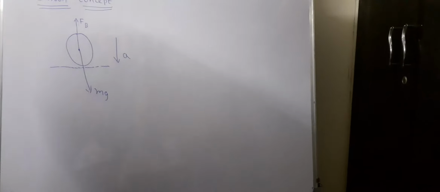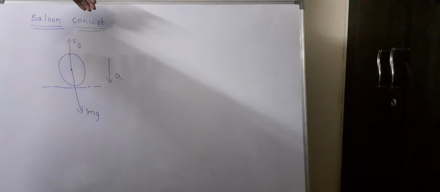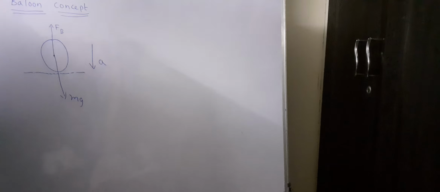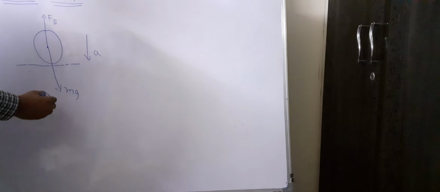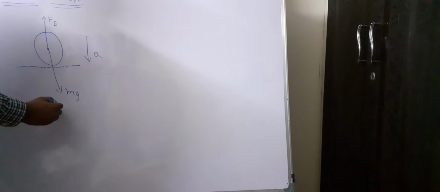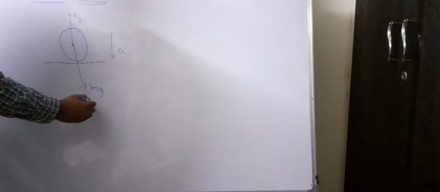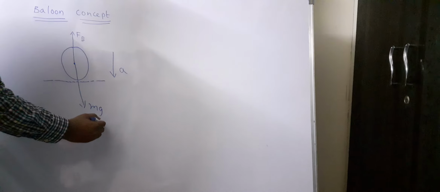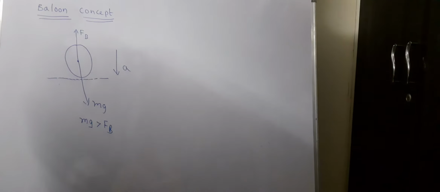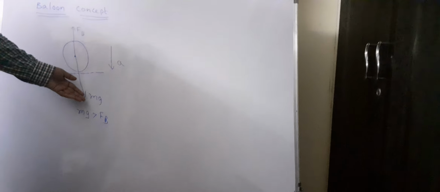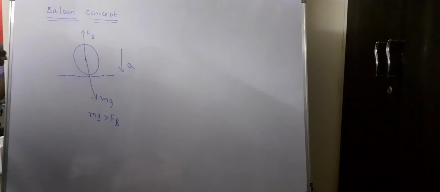In the situation, according to the question, the balloon is moving downward with acceleration A. Since the balloon is moving downward, simply the downward force is more compared to the upward force. Here, how many forces are there? Two forces. One is weight, another one is the force of buoyancy.